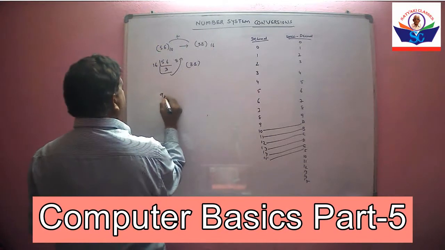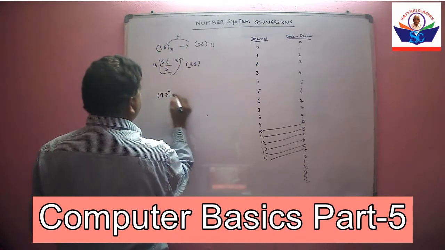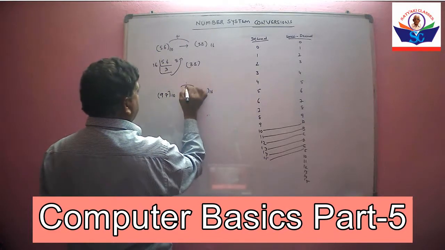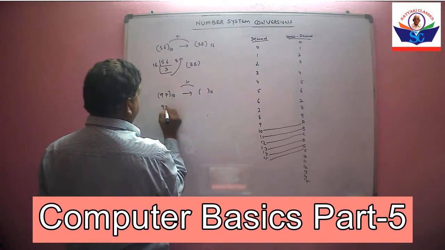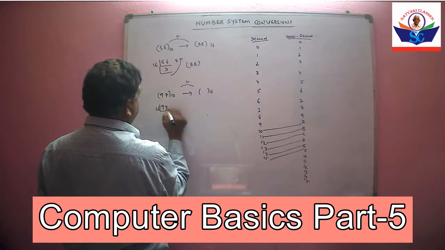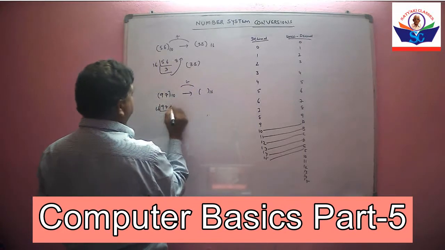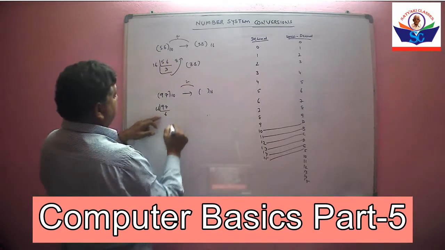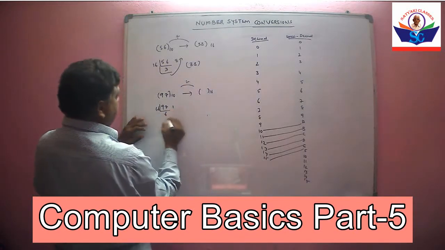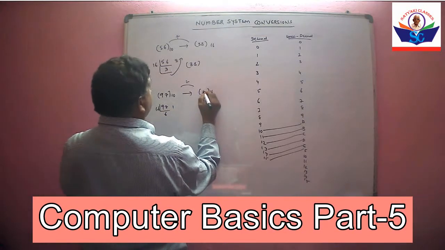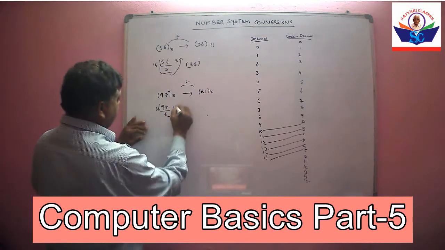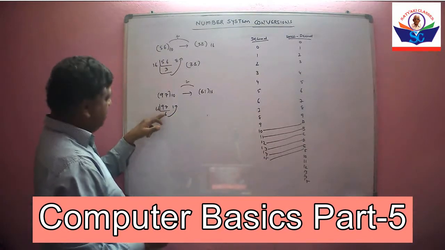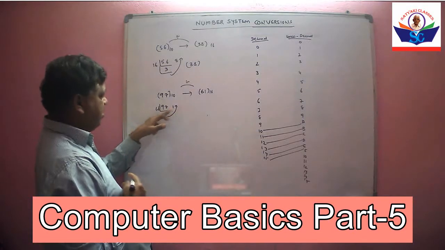Now 97 in decimal is equal to what in hexadecimal? 97 divided by 16: 16 sixes are 96, and the remainder is 1.